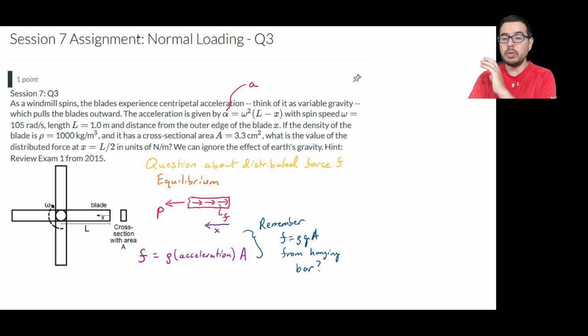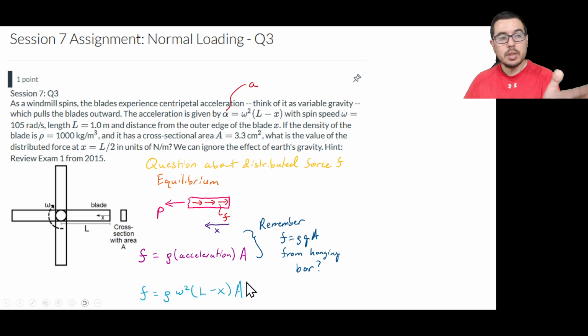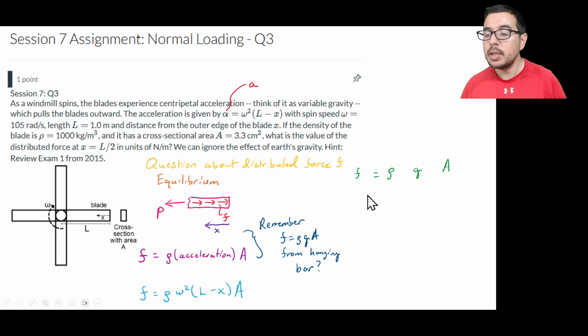That's the distributed force. And that was going to be given by an acceleration acting on that cross-sectional area, A, times its density.